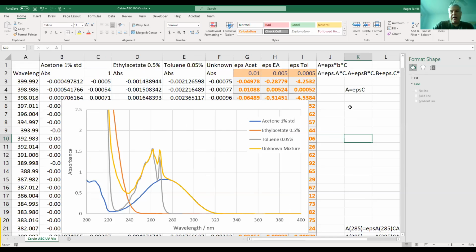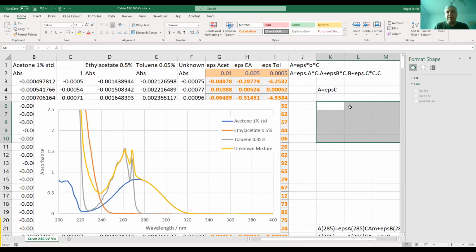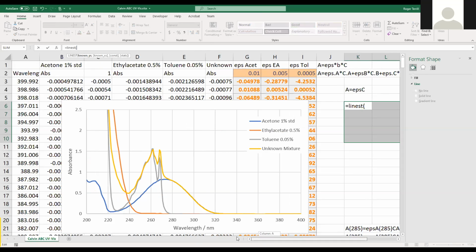Now I'm going to highlight 5 rows, 1, 2, 3, 4, 5, by 3 columns. Now I'm going to come up into the formula bar. I'm going to type equals linest. And the Y values are the mixture absorbances, the unknown absorbances between 230 and 340.